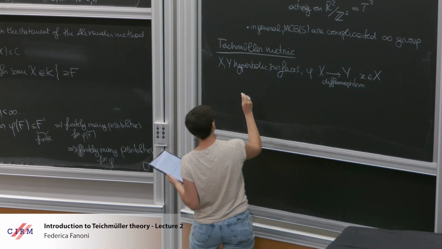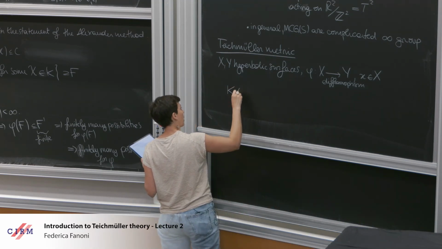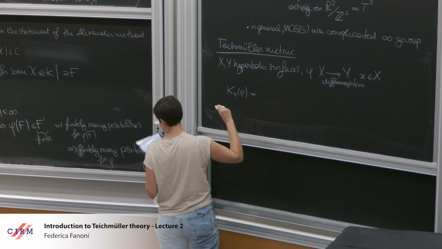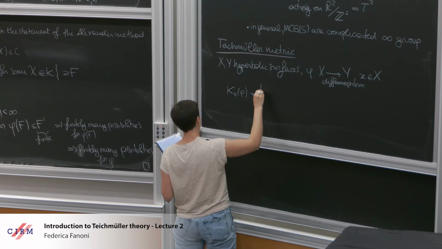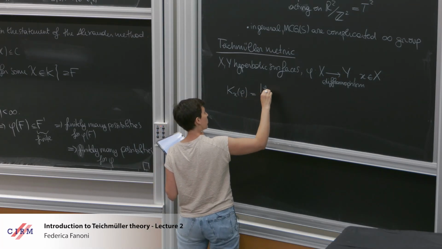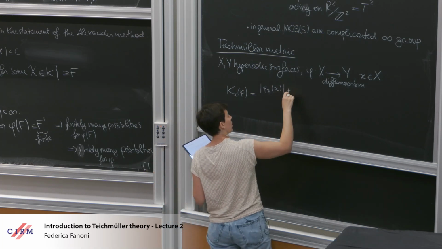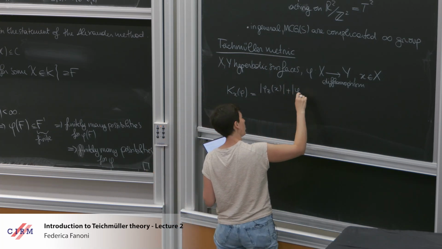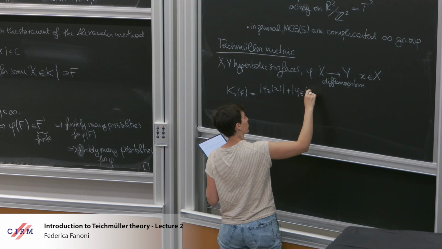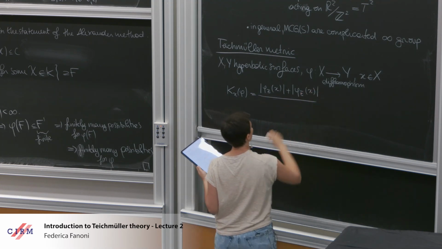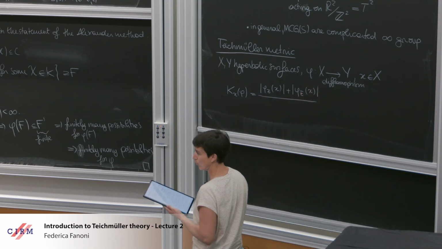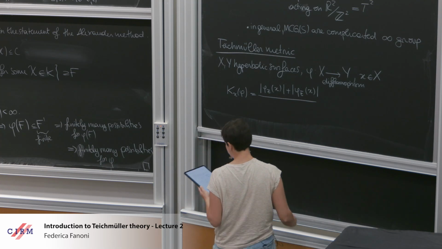So what we define first is K_x of phi, which is defined as follows. I take the derivative with respect to z-bar divided by the derivative with respect to z. Of course, locally everything is in H2, so what I'm writing makes sense.